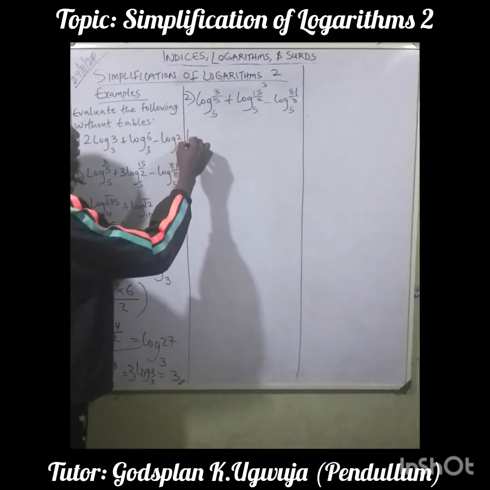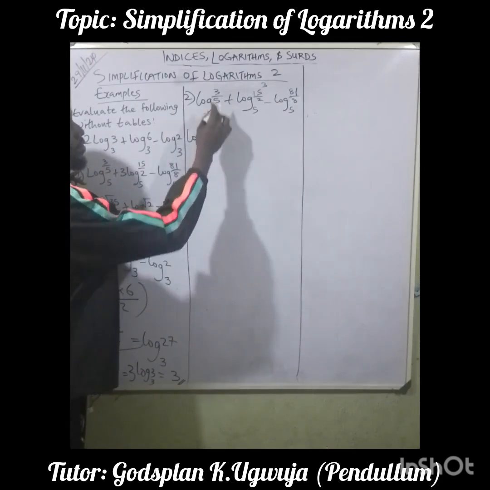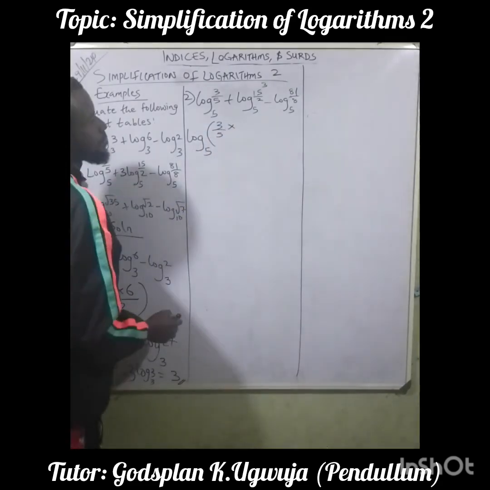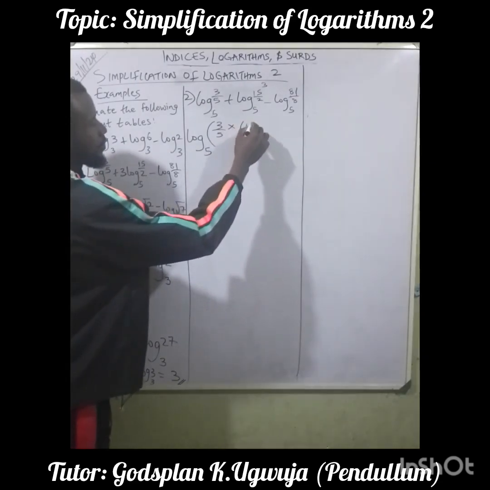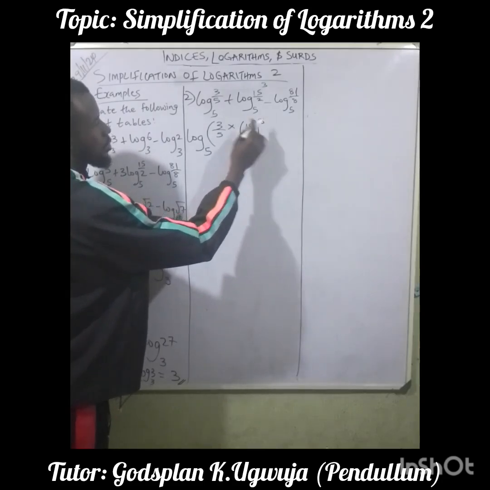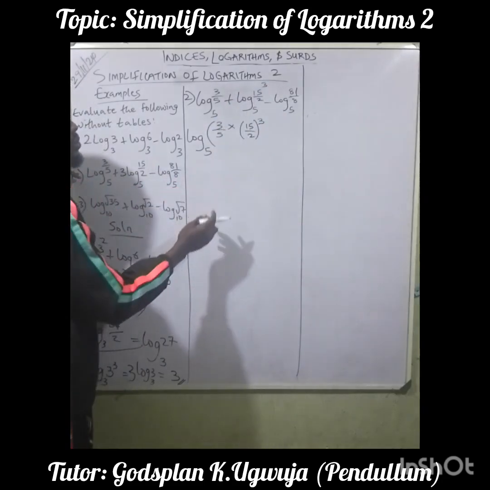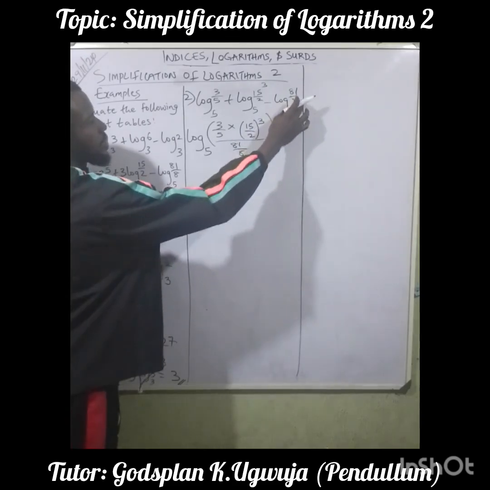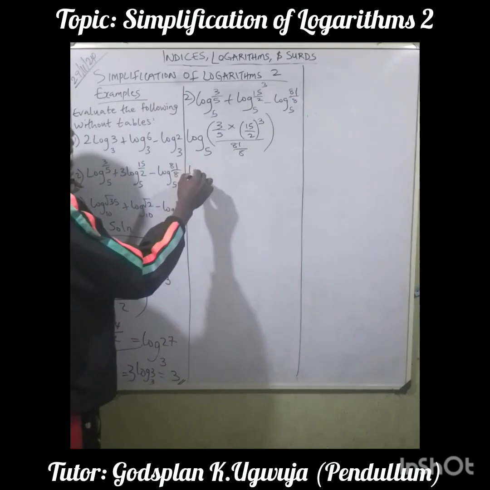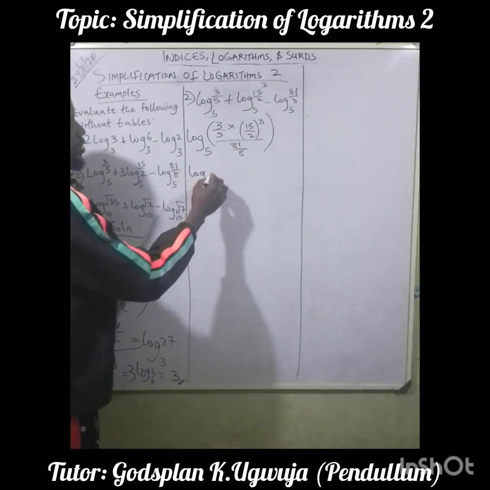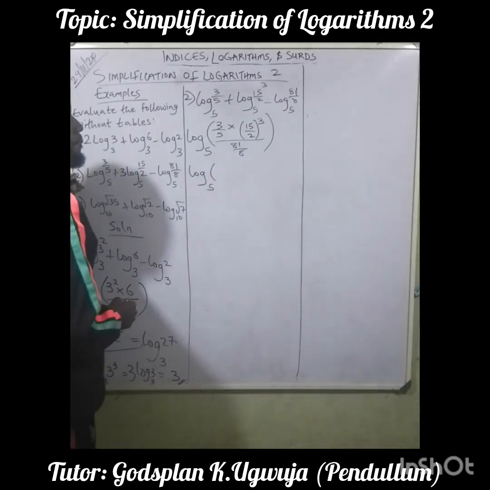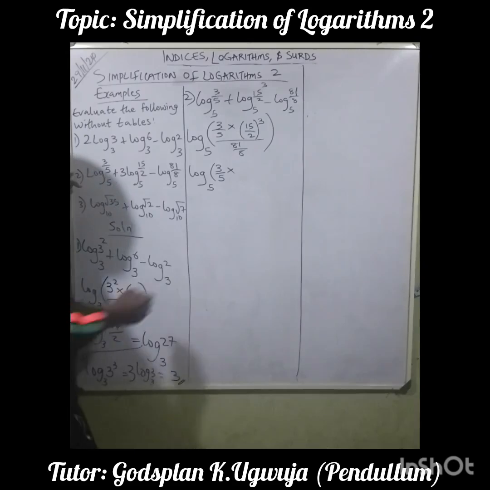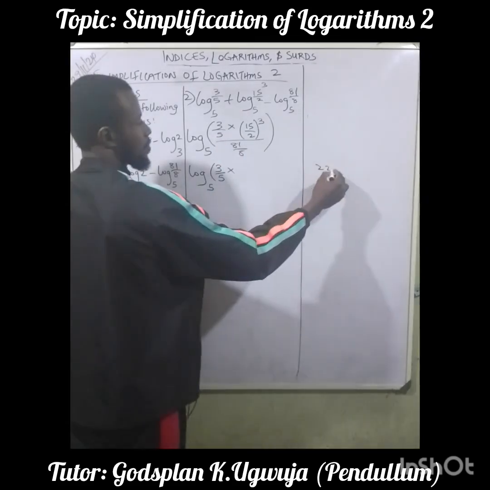Alright, so from here we just take one of the 5. We have 3 over 5 times 15 over 2 cube, and the minus is divided by 81 over 8. Alright, so if we evaluate this, we're going to get 3 over 5 times 15 times 15 is 225.